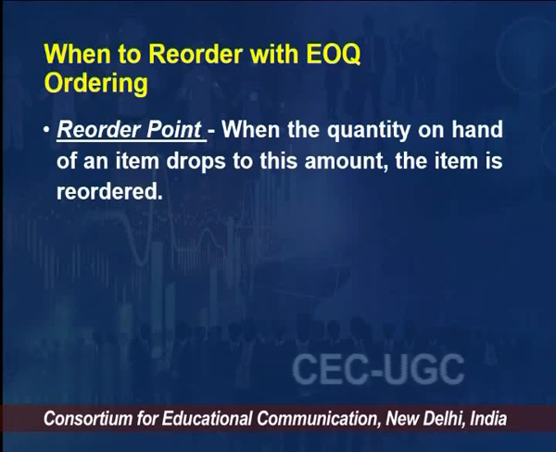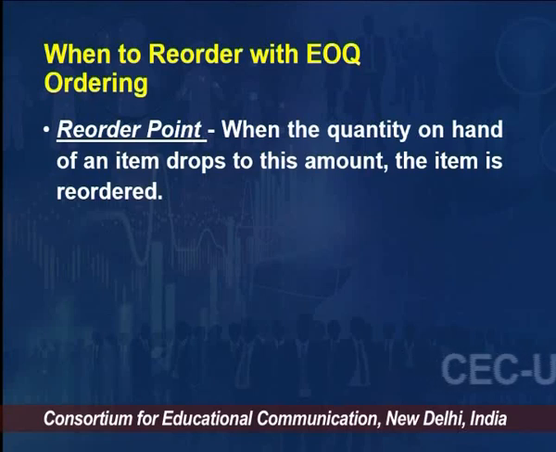For example, you say that if my inventory drops to this point, then I will reorder it again. In your homes also, many times you make a mark on your container, so that when sugar or flour or some pulses drops to this level, it's the time to reorder for more.